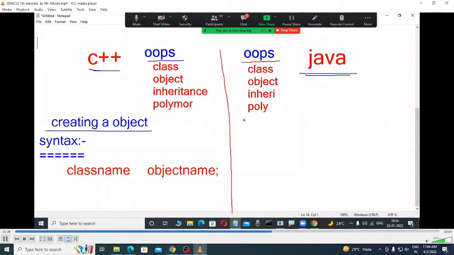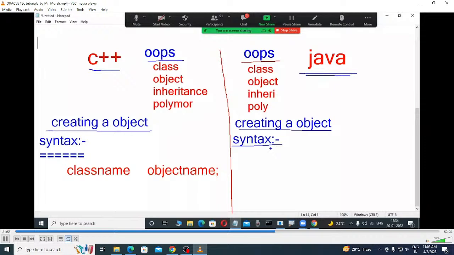Creating an object is there in Java also. Observe here. Creating an object from the class in Java, can the technical persons tell me the syntax roughly? Many fellows are good at Java and Python from their academic career.